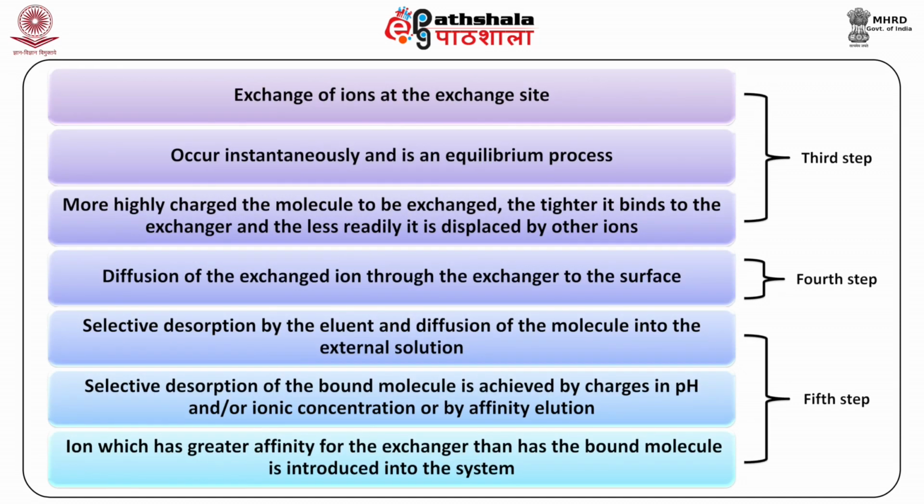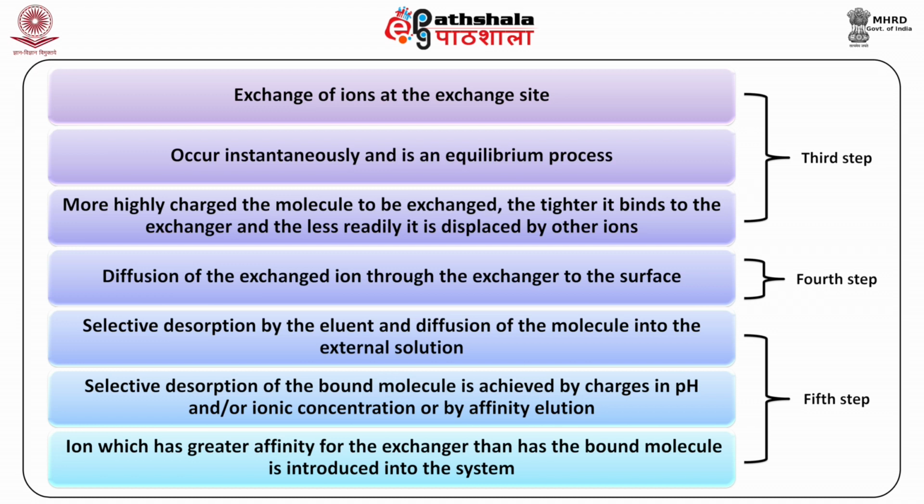Thirdly, exchange of ions at the exchange site. This is thought to occur instantaneously and is an equilibrium process. The more highly charged the molecule to be exchanged, the tighter it binds to the exchanger and the less readily it is displaced by other ions. Fourthly, diffusion of the exchanged ion through the exchanger to the surface. Fifthly, selective desorption by the eluent and diffusion of the molecule into the external solution.